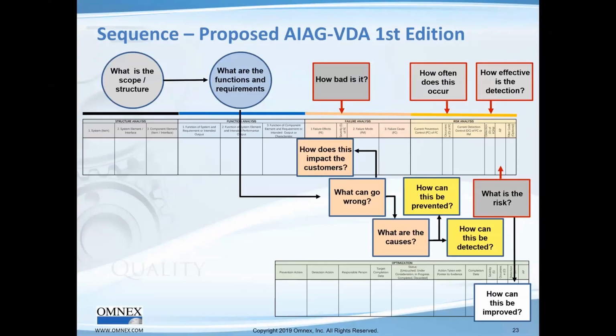And just keep in mind, if it's your own product, this is a good way to decompose from the system to a subsystem, and a subsystem to components or into hardware and software. I hope you all understand when I say decomposition of the functions and requirements at the topmost level can get decomposed using the AIAG VDA further down.